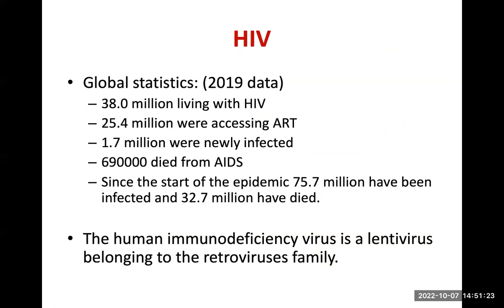So you know about HIV, all of you, and this is just some of the statistics that we had as at 2019. I will need to update this to 2022.